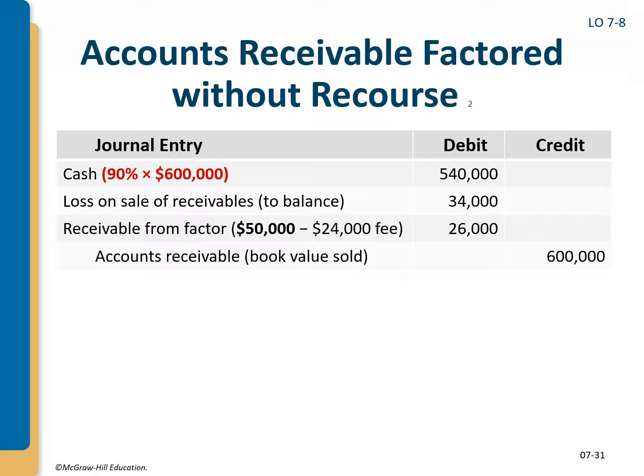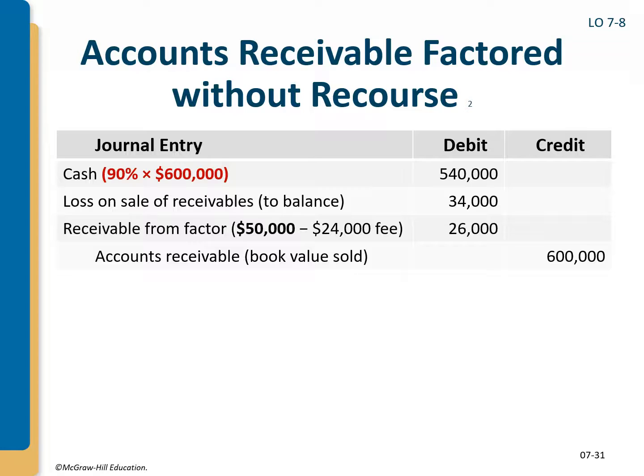Why? Well, Santa Teresa is the company who sold the goods to the customer. When a customer returns goods, they're not going to go to the factor and say, hey, do you want to decrease the accounts receivable and I don't have to pay you that?